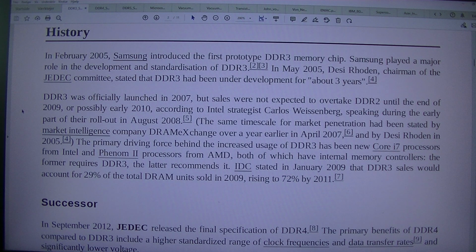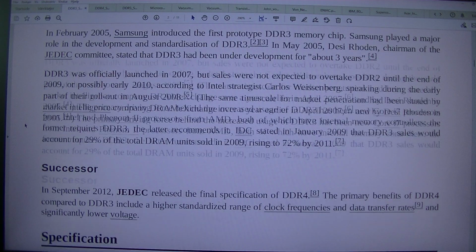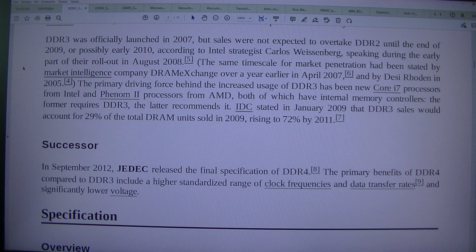DDR3 was officially launched in 2007, but sales were not expected to overtake DDR2 until the end of 2009, or possibly early 2010, according to Intel strategist Carlos Weissenberg, speaking during the early part of their rollout in August 2008. The same timescale for market penetration had been stated by market intelligence company DRAM Exchange over a year earlier in April 2007, and by Desi Rhoden in 2005.